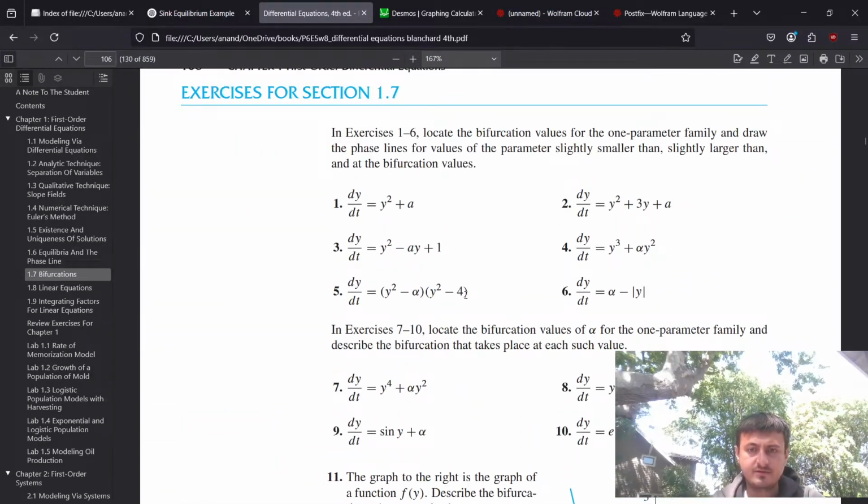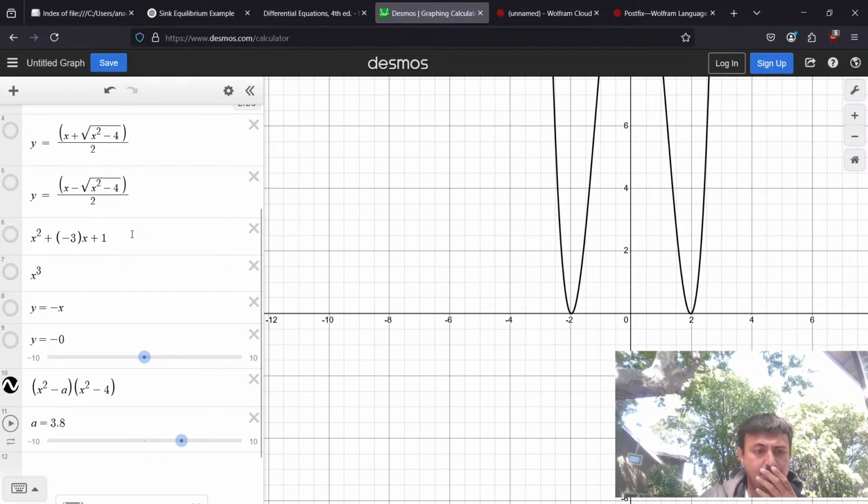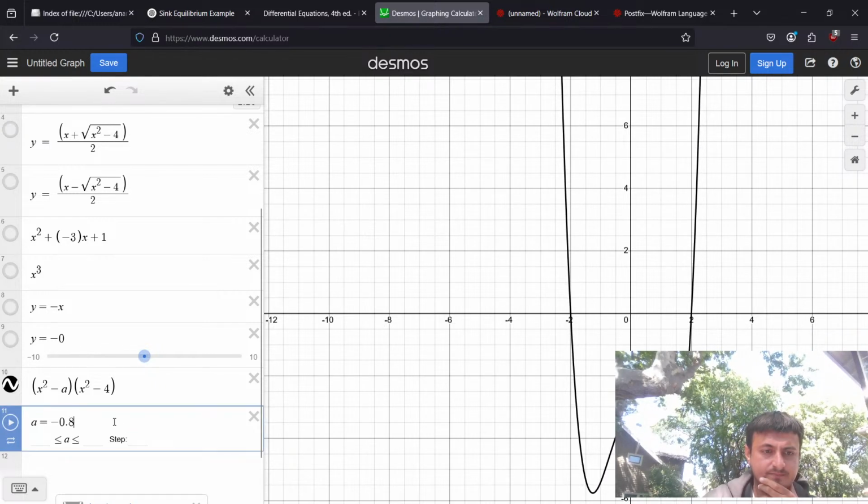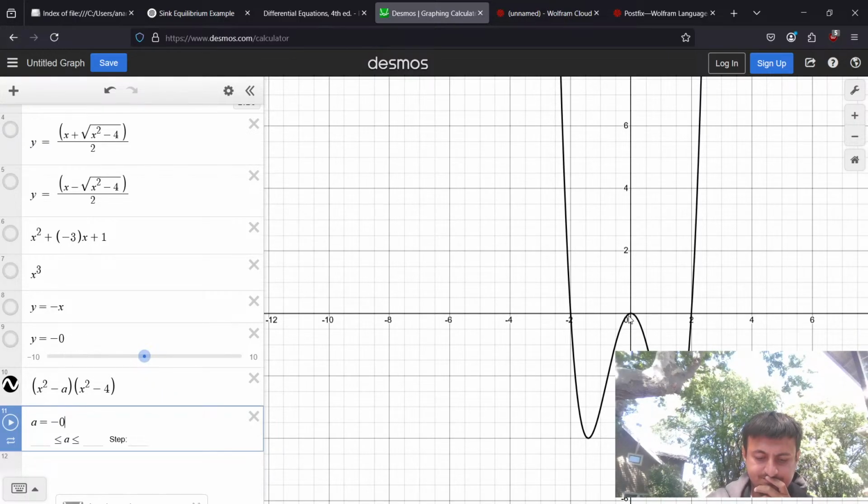Okay, so we're doing this one. Let's set a equal to 0. So at 0, we have 3. What's nuts about this is that there's another bifurcation in here.